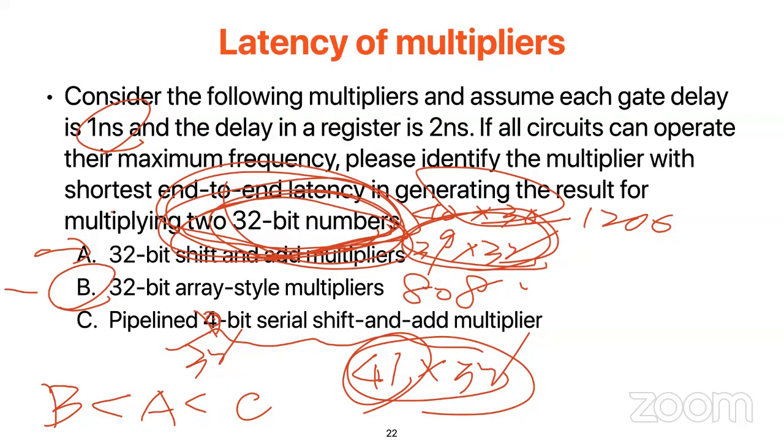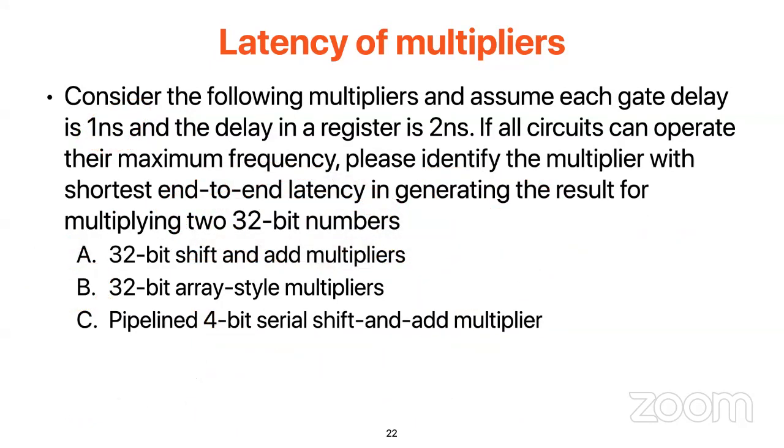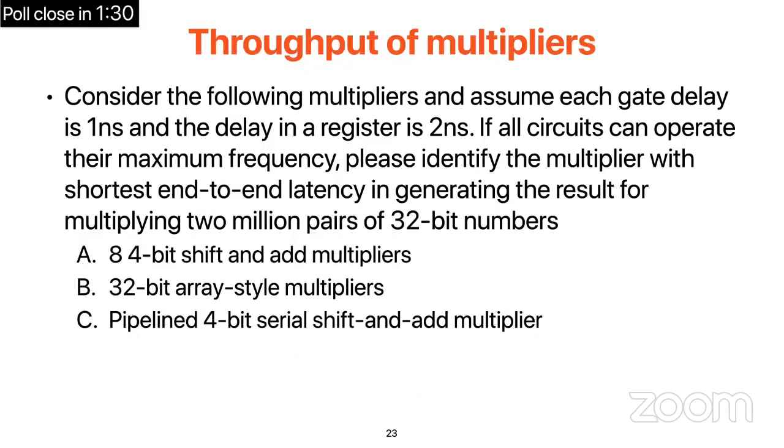But what if we talk about the throughput? I made a few typos here because I'm modifying this question from the editors essentially. But if we talk about 2 million pairs of 32-bit numbers, then what you should imagine is a graph like this.